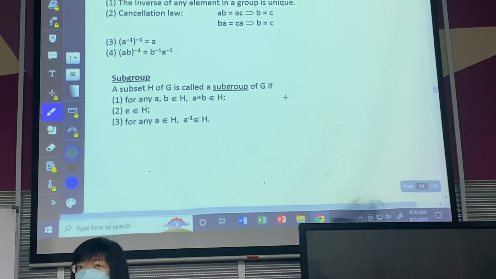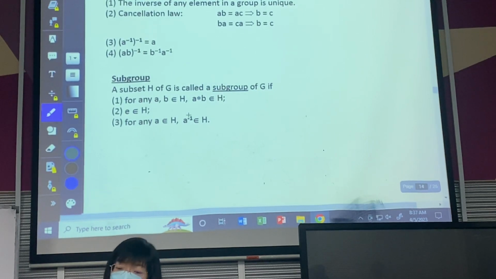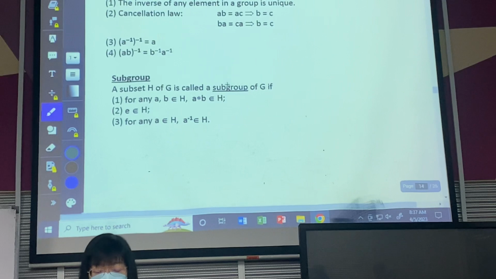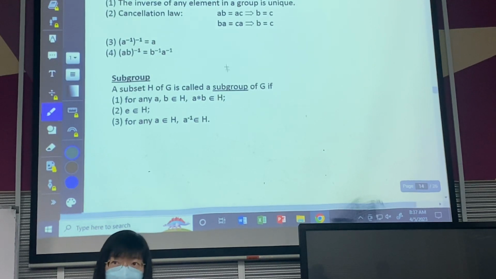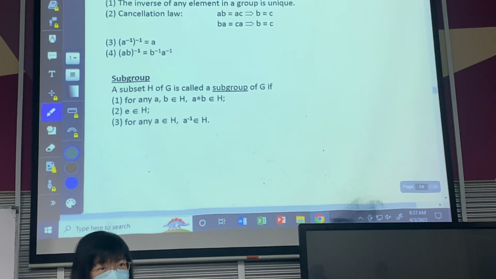Just now, when we determined a group, we needed to determine whether the operator is associative or not, right? But to determine a subgroup, we only need to determine whether the operator is a valid binary operation or not. Do you still remember how to determine a valid binary operation? If you have done your tutorial 4, the first question, then you should know already, right?